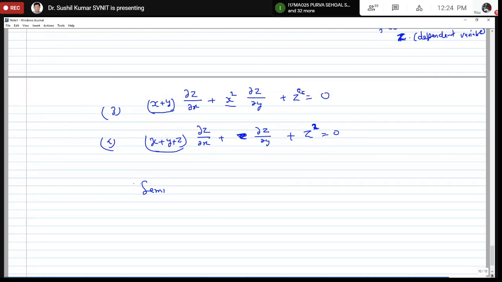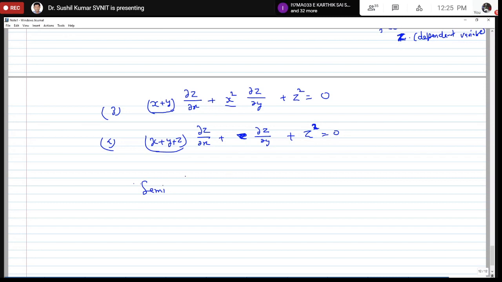What is the nature of equation 3? It is z, not z square. The equation will be linear. Semi and quasi are defined only for non-linear equations. So only if equations are non-linear will we categorize them as semi-linear and quasi-linear.